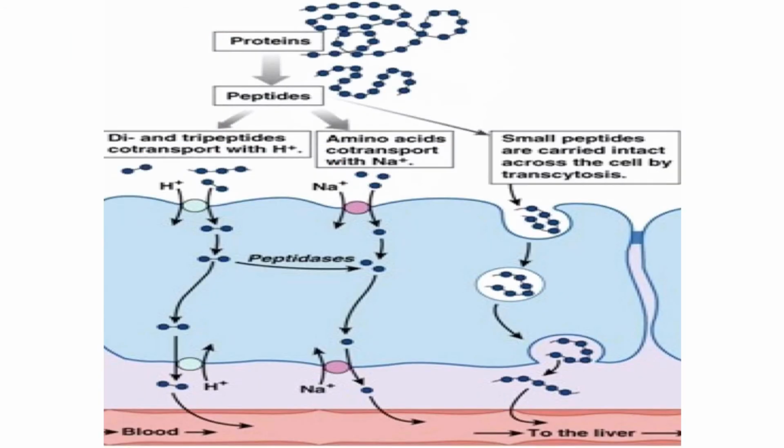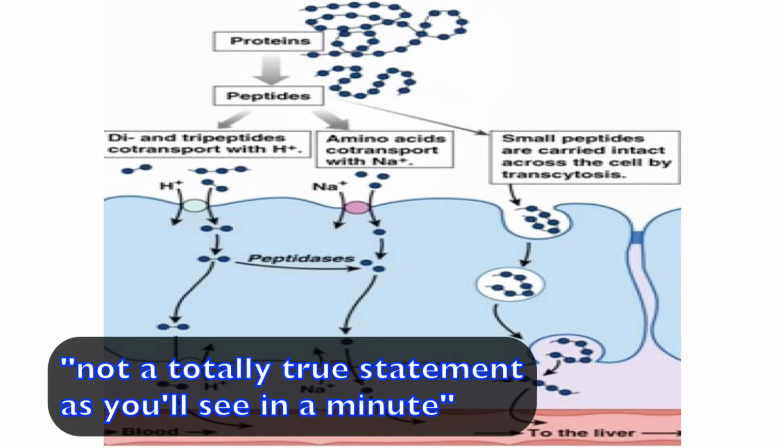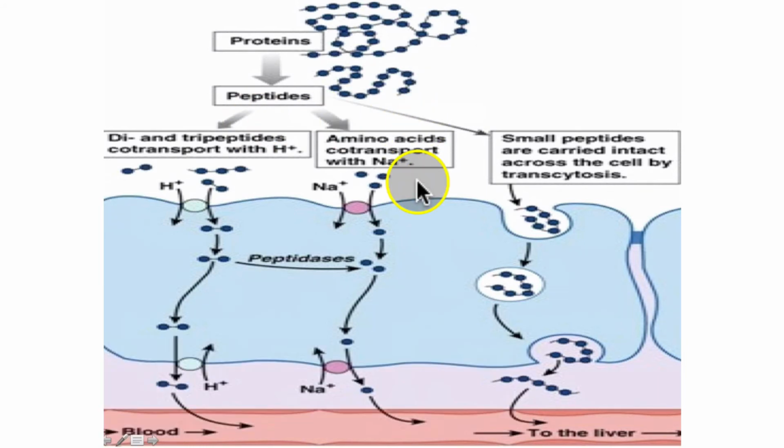As far as absorption goes, we can absorb di or tripeptides or free amino acids. The free amino acids, which we see in the middle right here, tend to be absorbed via sodium transport, utilizing the kinetic energy of sodium moving into the cell, and also a sodium cotransporter to move out the basal surface into the bloodstream.